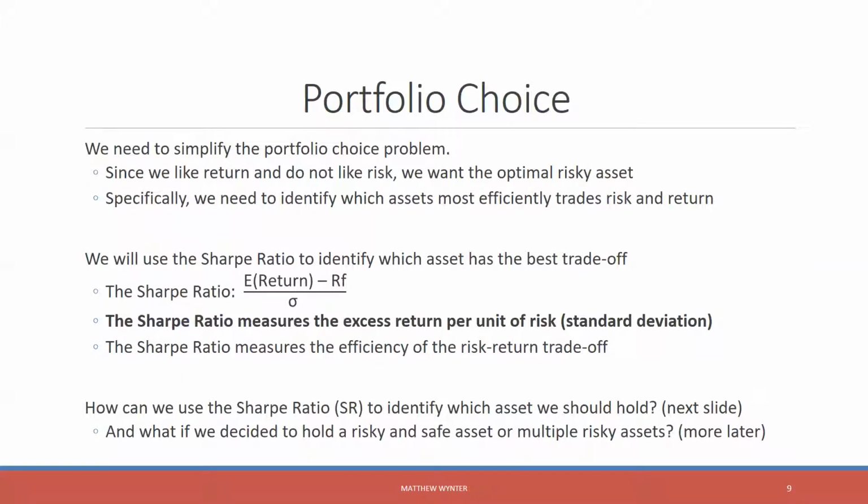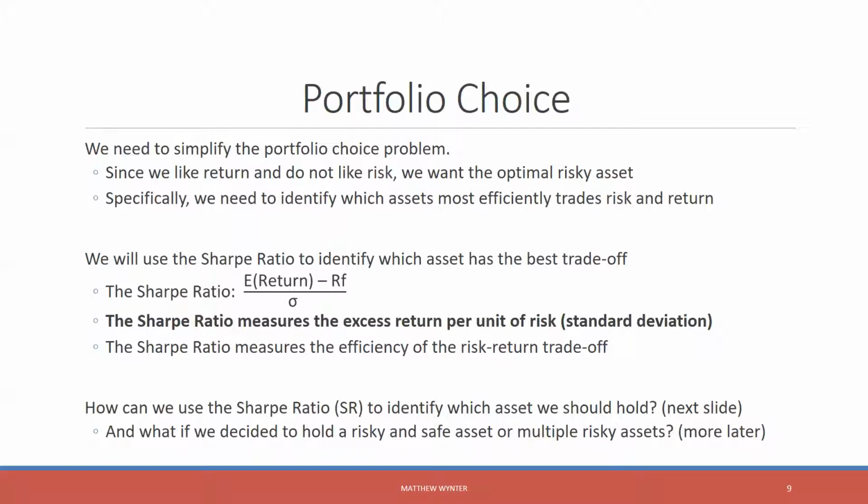We need to simplify the portfolio choice problem. Since we like return and do not like risk, we want the optimal risky asset. Specifically, we need to identify which assets most efficiently trade risk and return. How are we going to do that? We're going to use the Sharpe ratio. The Sharpe ratio is going to be the best way for us to identify which asset has the best trade-off of risk and return.